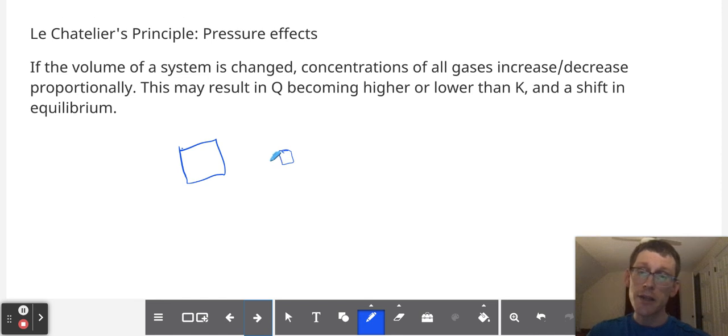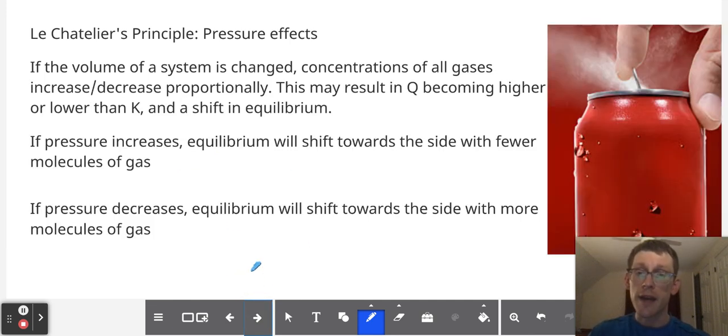And you can look through this lens to make predictions based on concentration. But in general, what we can say is that if the volume of a system is changed, then the concentration of gases will either increase or decrease proportionally. Concentrations will increase if the volume is smaller, they'll decrease if the volume is raised.